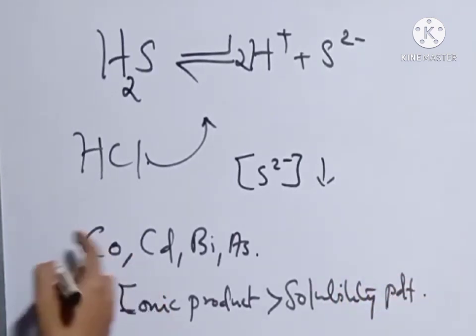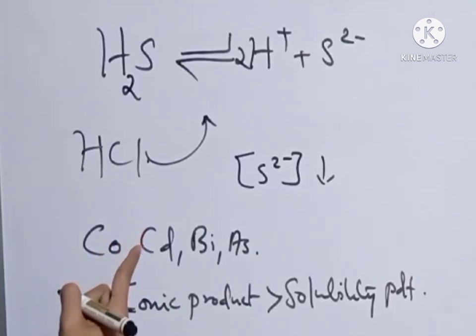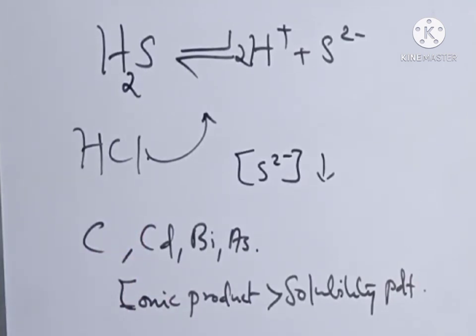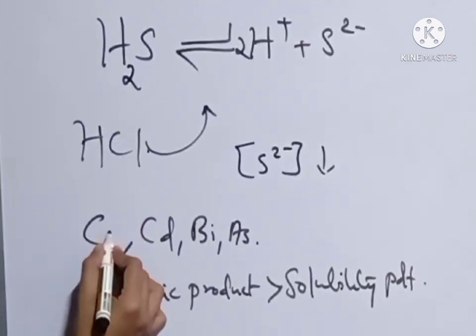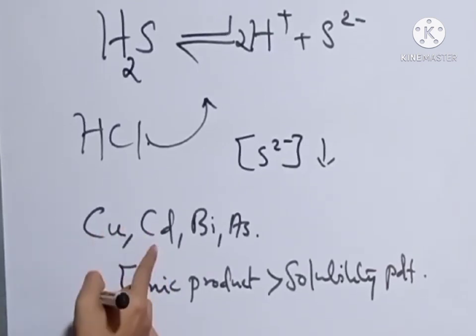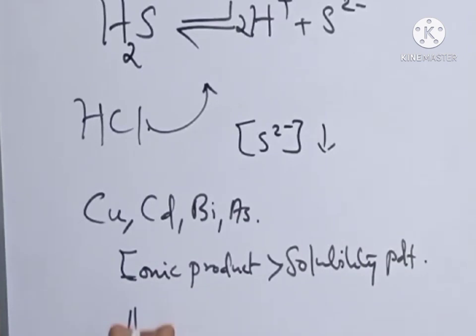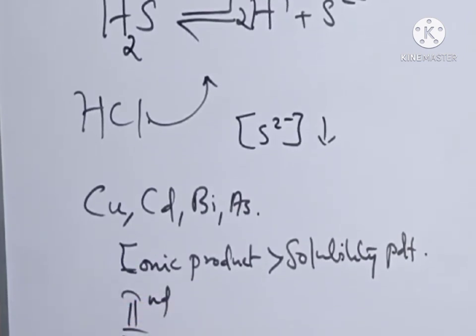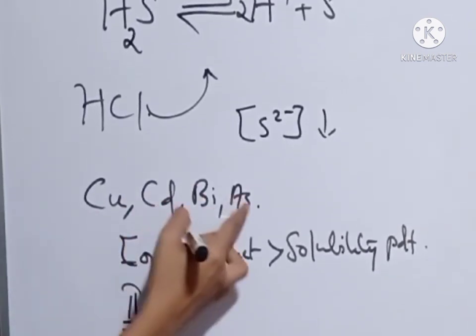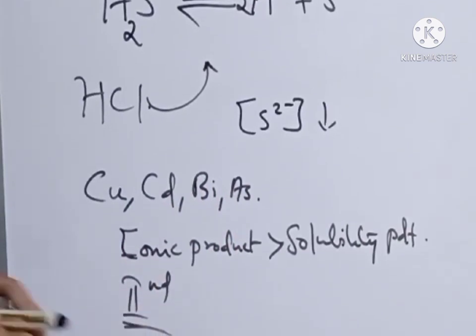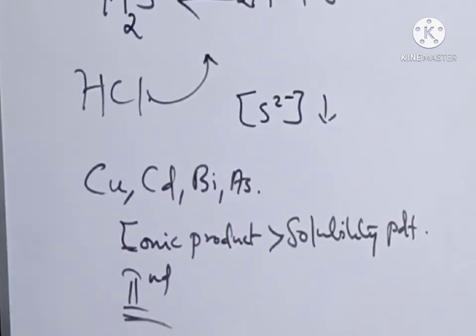That is why these metals, copper, cadmium, bismuth, and arsenic, precipitate in group 2. So copper, cadmium, bismuth, and arsenic precipitate in the second group.